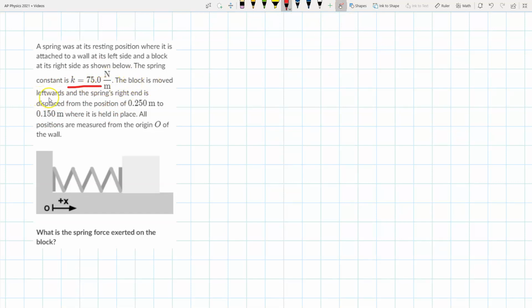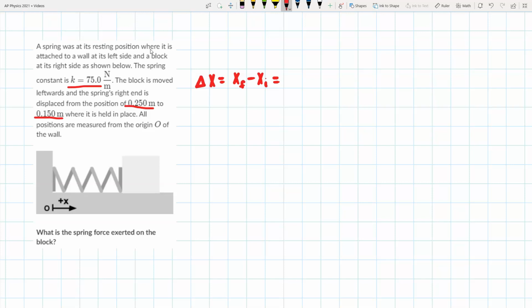The block is moved leftwards and the spring's right end is displaced from 0.25 to 0.15. So what I can do with that is I can know that the displacement, remember that's final minus initial. Well, final minus initial, it started at 0.25 and it went to 0.15.